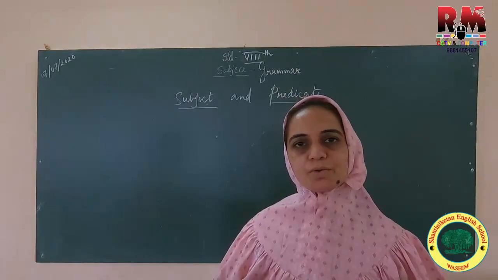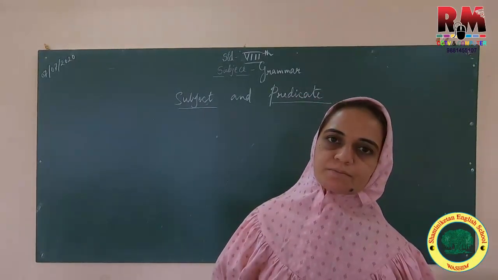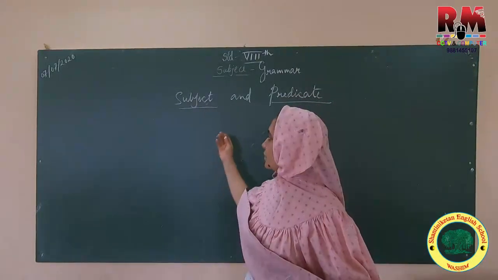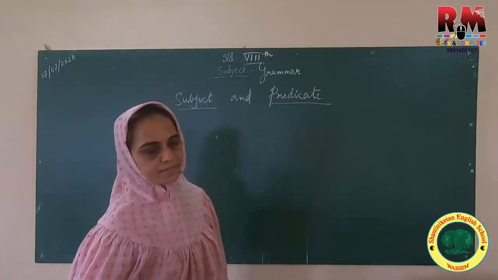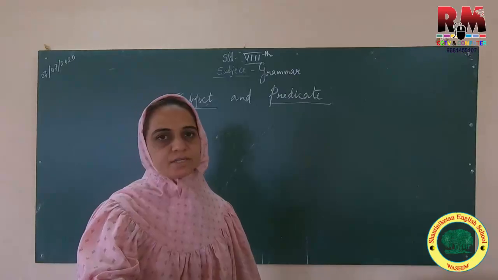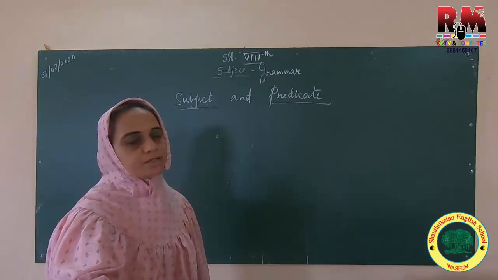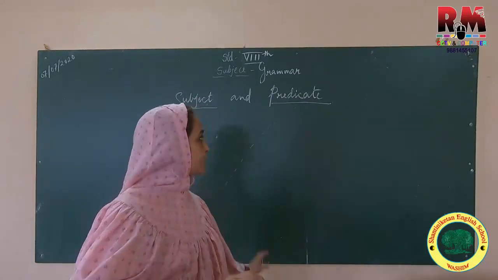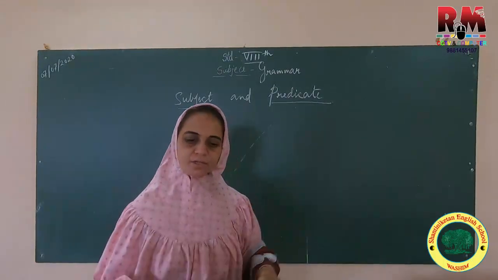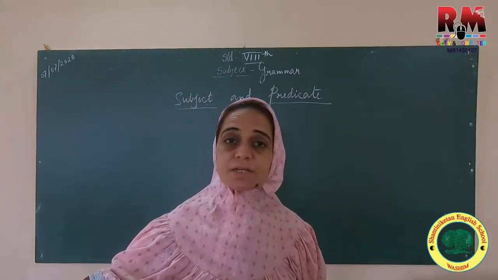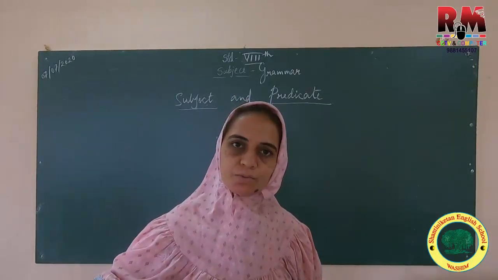But to have a synopsis and revise of subject and predicate, I shall explain what is called subject and what is called predicate. We have a sentence, and every sentence has two parts. Each sentence is divided into two parts: one is called subject and the next is called predicate. So what is subject? Subject is that somebody do.